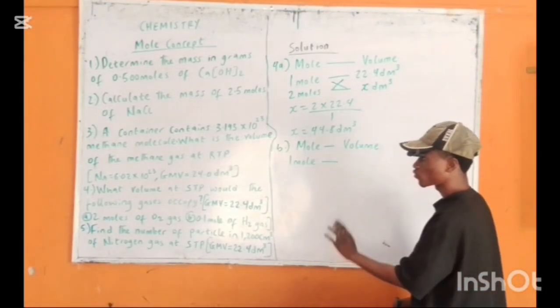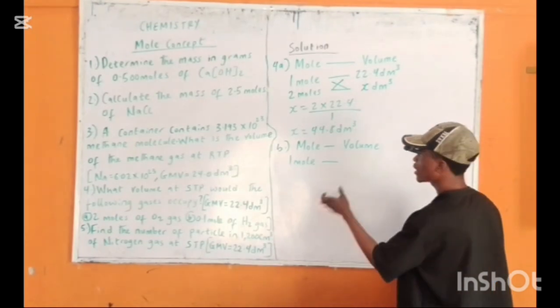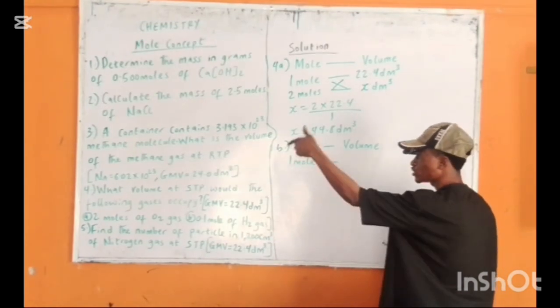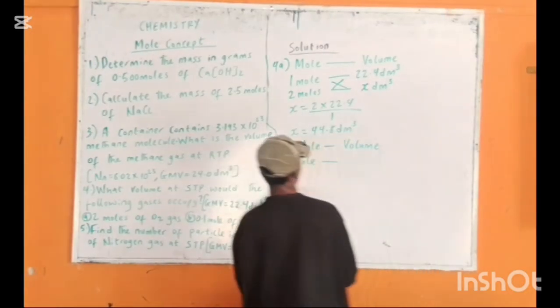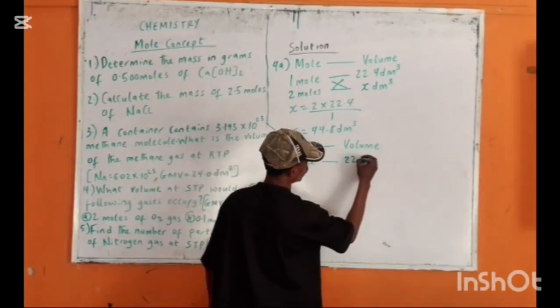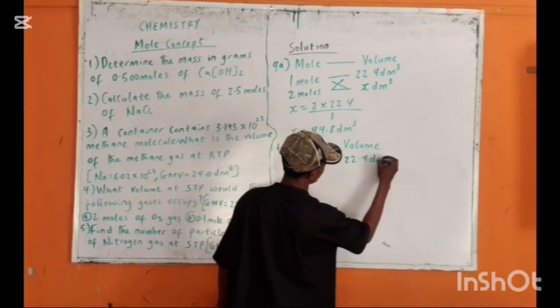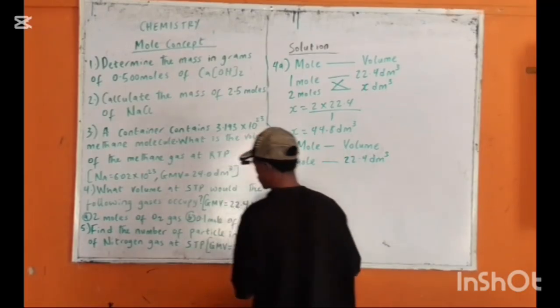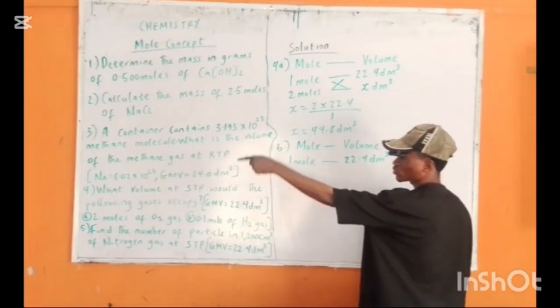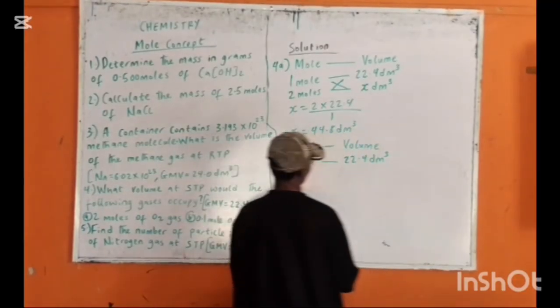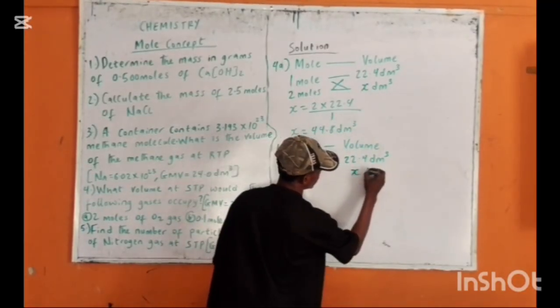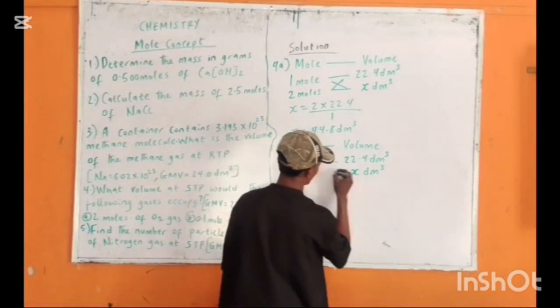So 1 mole of any gas occupies 22.4 dm cube at STP. So what's the question? What volume? So I'm having X dm cube here.